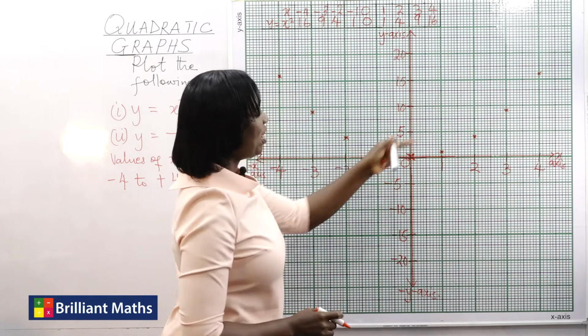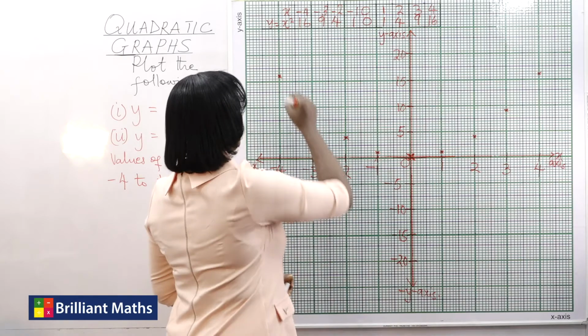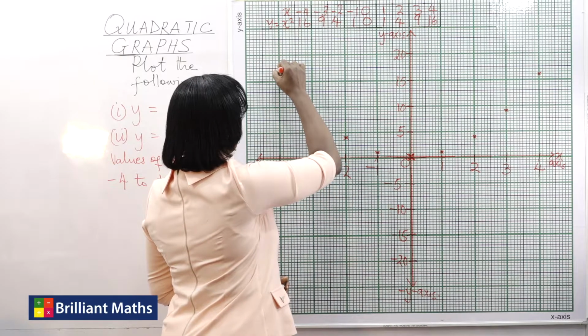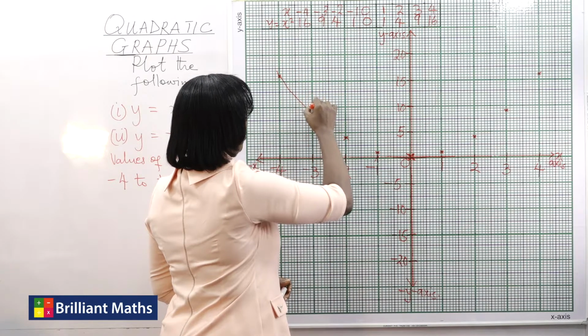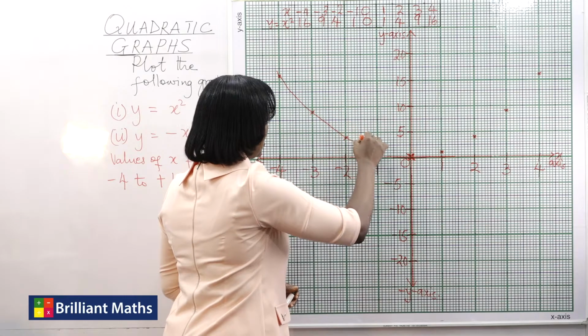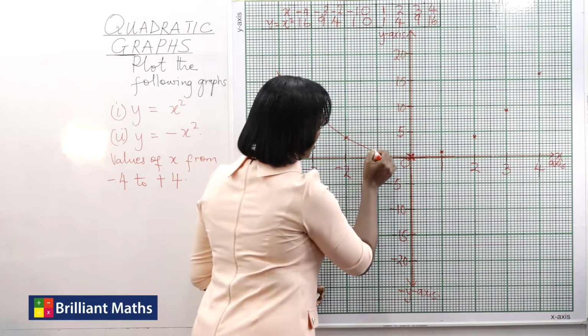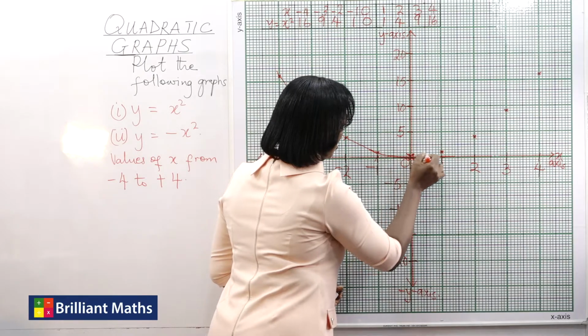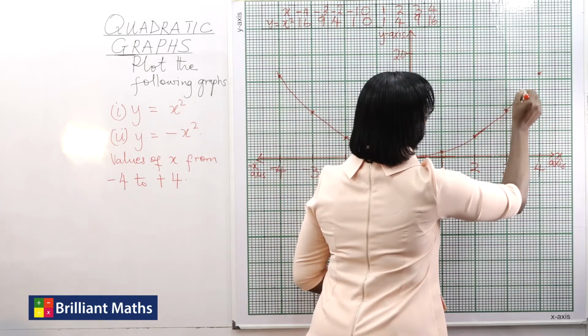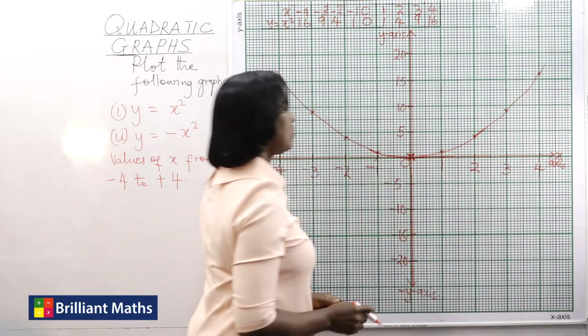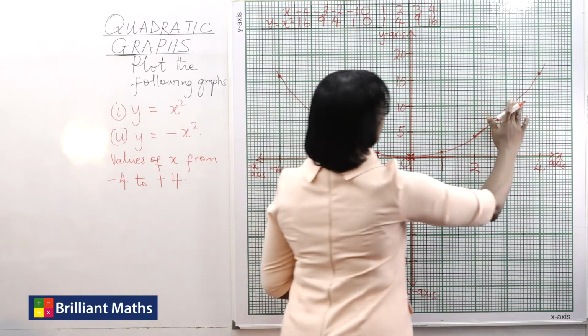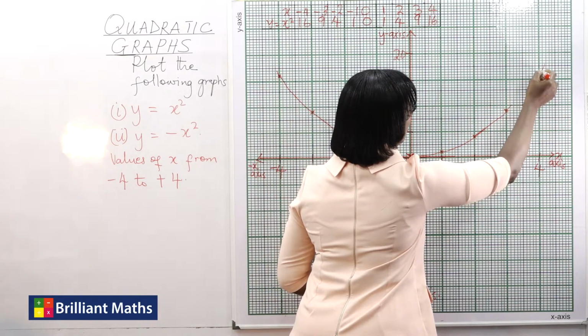Don't join the parabola or the curve with a ruler. Just hold your breath and try to pass through the points. That's a little crooked, so I'd like to correct it.